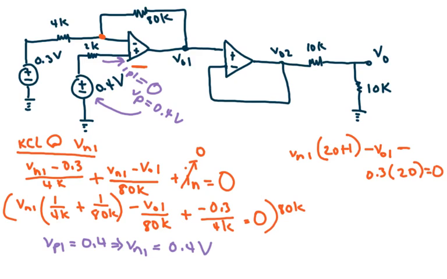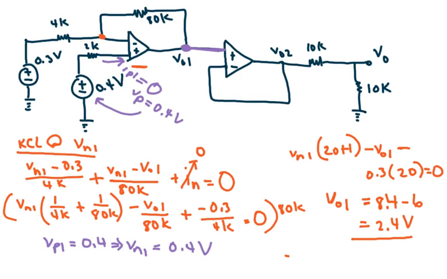And that means that V01 is going to be equal to 8.4 minus 6, which is 2.4 volts. Okay, so that is our voltage right here going into our second op amp.